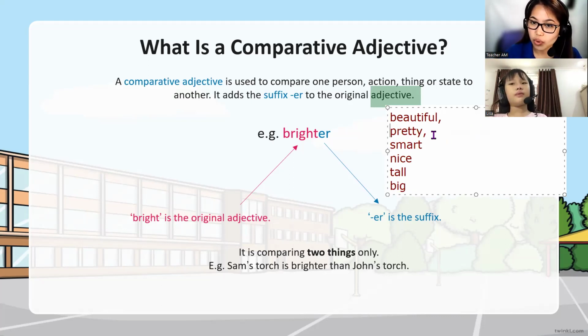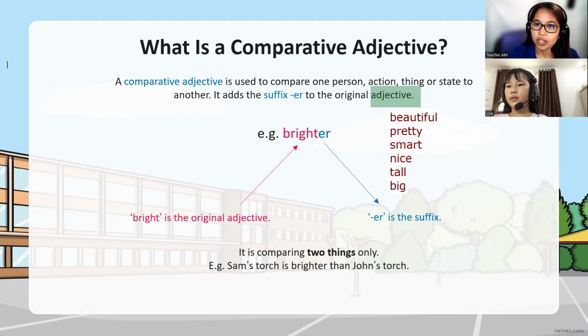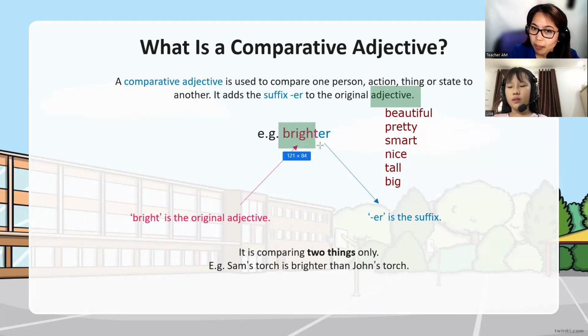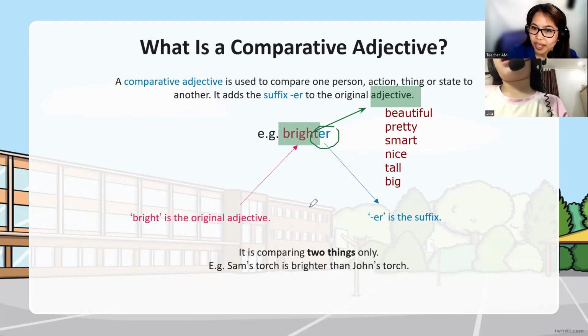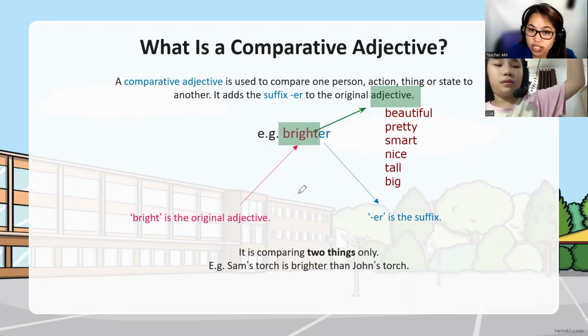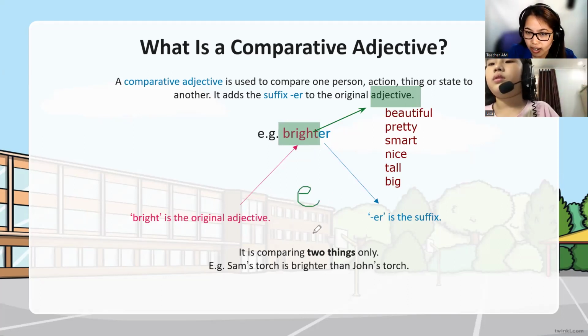Very good, Dolin. So here we have bright. Bright is an adjective. To make it a comparative adjective, we add er. If it is a comparative adjective, we just add er.